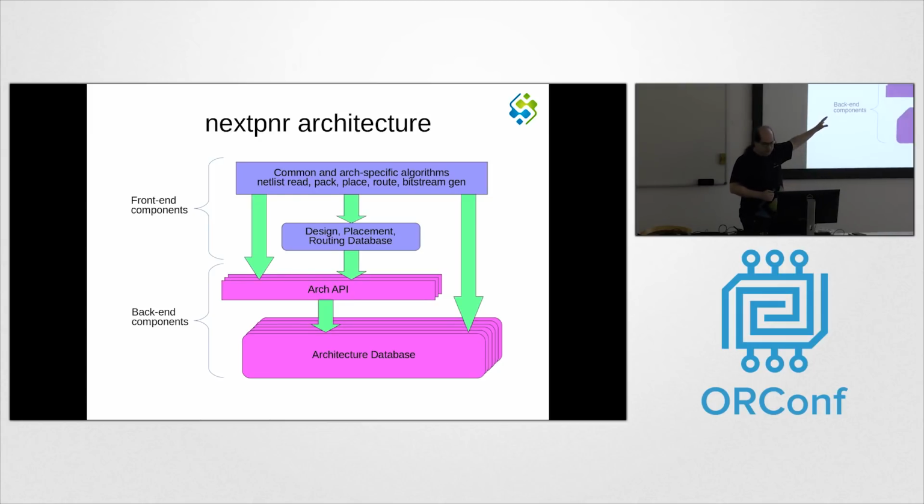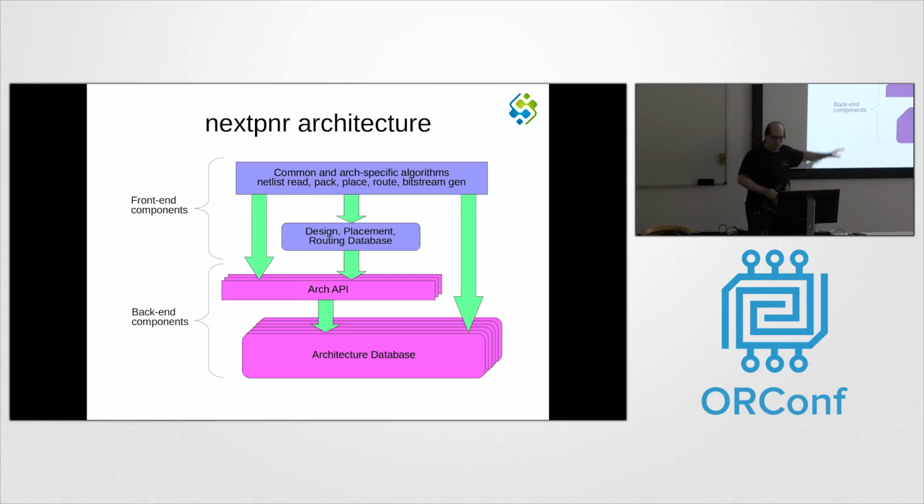So the algorithms are talking to these databases, but they're also talking to the architecture API that abstracts away the concrete architecture. And you can see here in this graphic, I have a couple of different instantiations of this architecture API, because we might have different architectures, of course, that's the whole point.